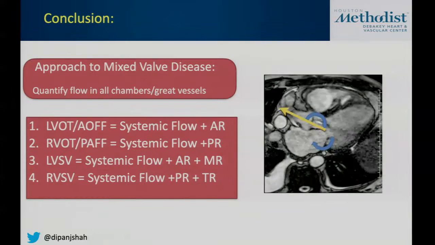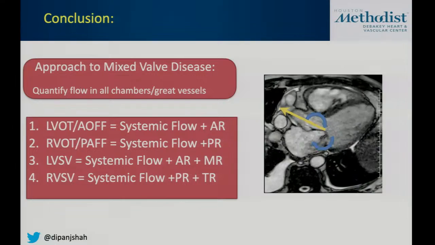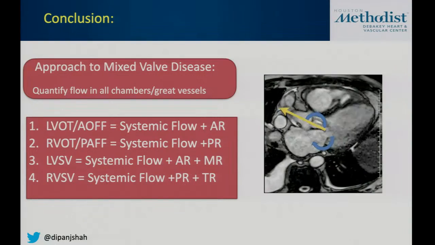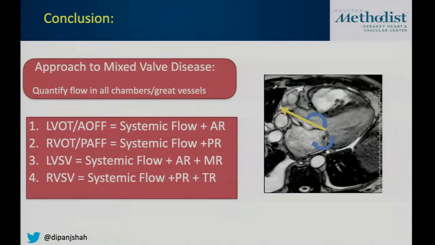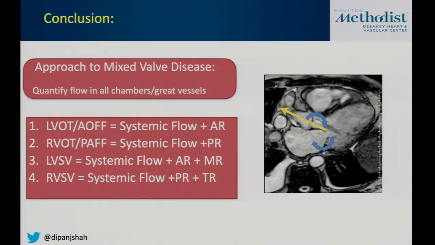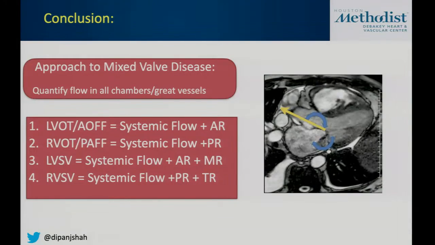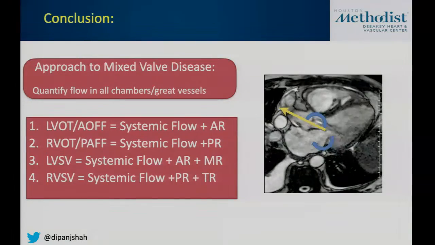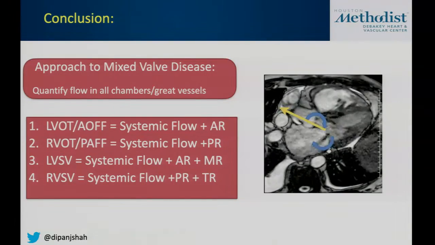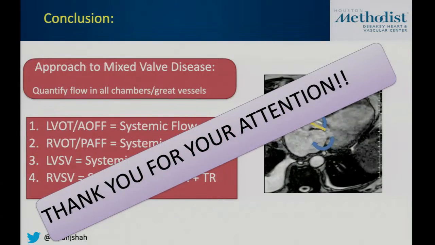And then again, going back to those initial equations that we talked about, your flow across the great vessels really is comprised of systemic flow plus the regurgitant flow across that great vessel valve. Whereas the LV or RV stroke volume is composed of three components: systemic flow plus the regurgitation of both the AV valve as well as the semilunar valve on that side. So with that, I thank you for your attention.